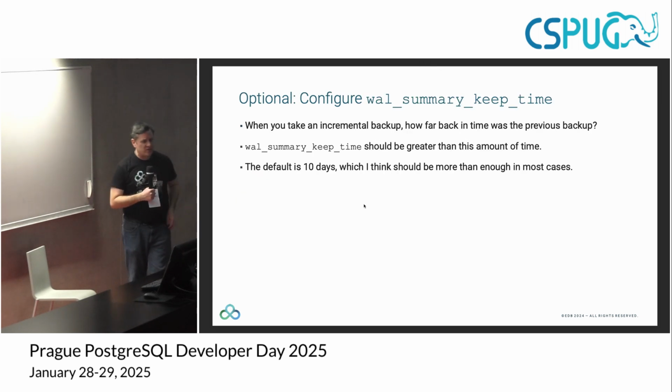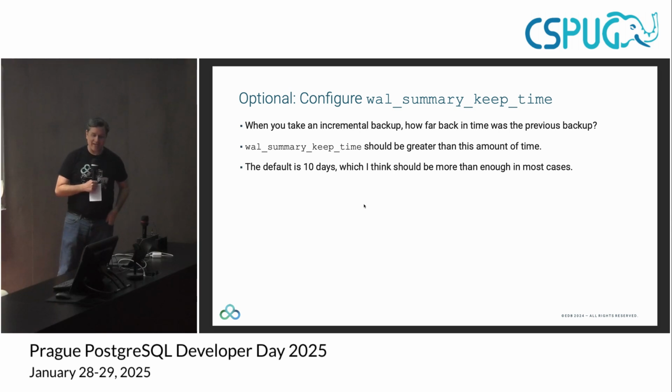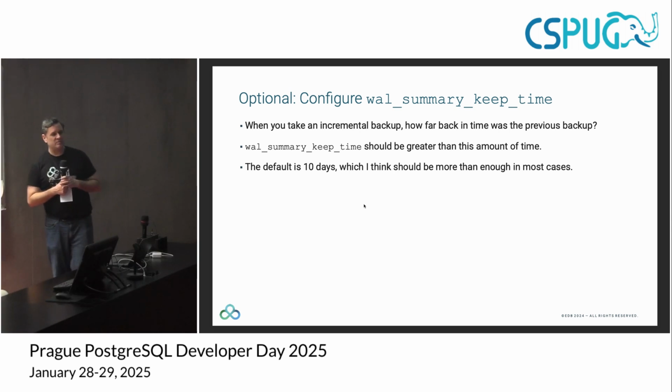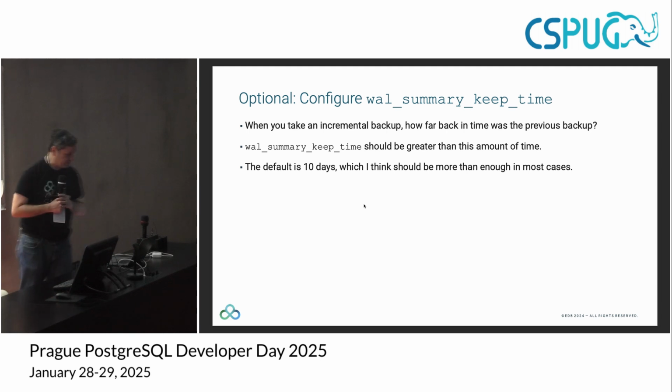There is one other configuration parameter that you can set that is specific to this feature, and that is called wal_summary_keep_time. The way you want to think about this parameter is to think about the question, when I take an incremental backup, how far back in time was the previous backup to which this incremental backup is going to be relative?